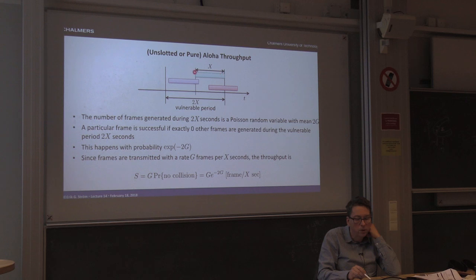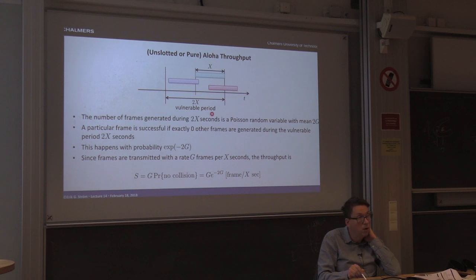Okay. So during x seconds, suppose we want to calculate whether this blue frame gets through or not. I will do this just quickly, and we will do this in more detail next time. The idea is to figure out whether this blue frame gets through, and it takes x seconds to transmit. It would collide if any other frame is generated over the interval of 2x seconds.